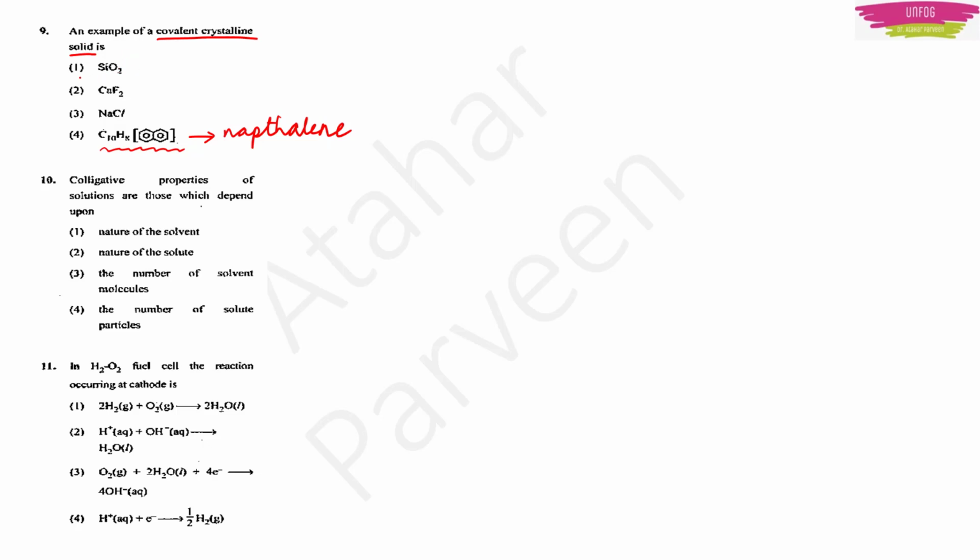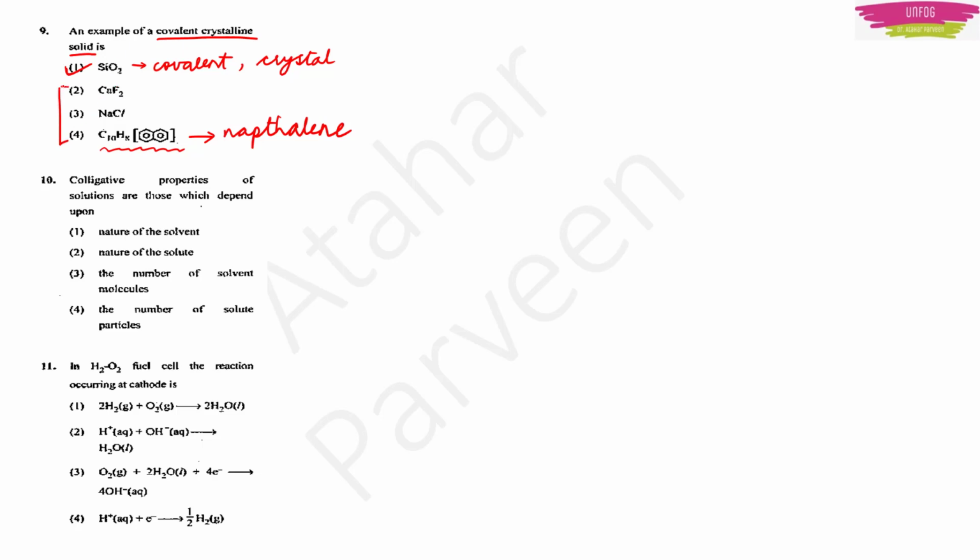Okay. Now, if we look at the first option, silicon oxide, here the silicon and oxygen atoms have a covalent bond between them, and they also have a crystalline structure. So they are covalent, they are crystalline also. So the correct answer is silicon oxide.